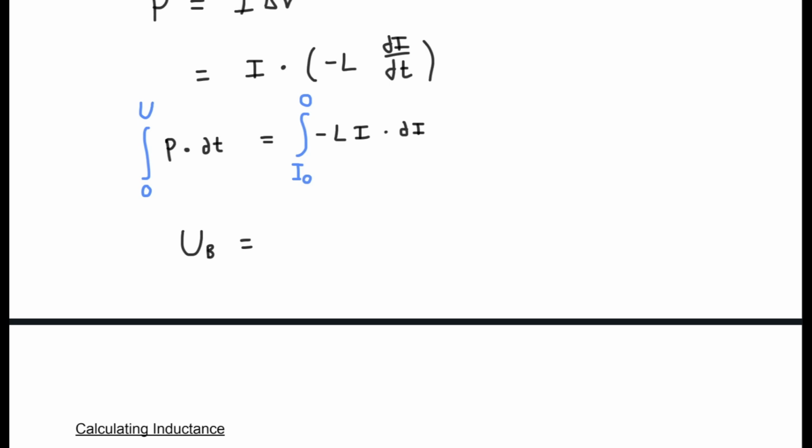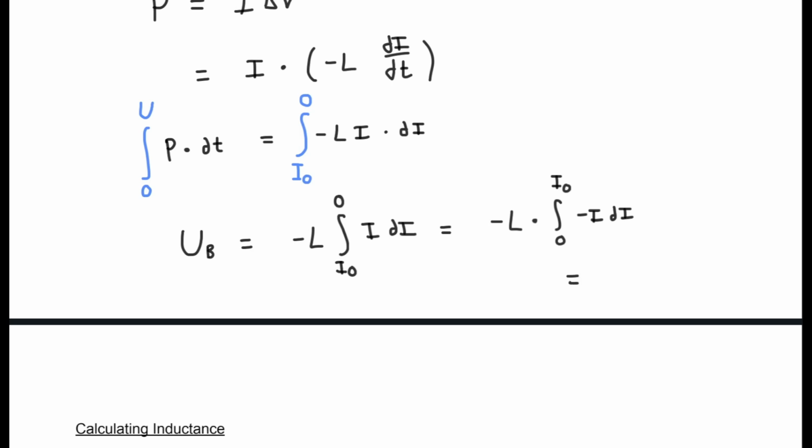Then factoring out the negative L, we're just integrating from I0 to 0 of i di, which equals negative L times the integral from 0 to I0 of negative i di, just swapping the limits and adding a negative sign there.